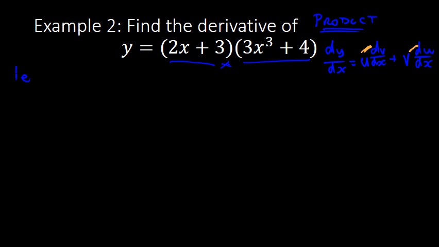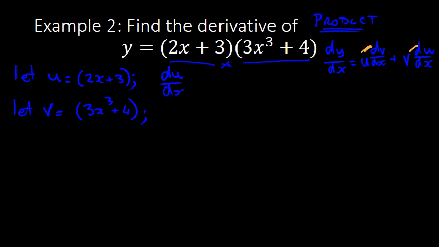In this respect, we're going to let u equal the bracketed 2x plus 3, and we will also let v equal the bracketed 3x cubed plus 4. Defining the derivative of each is necessary to complete the rule, because the rule requires the derivative of v and the derivative of u. So we go ahead and find each.